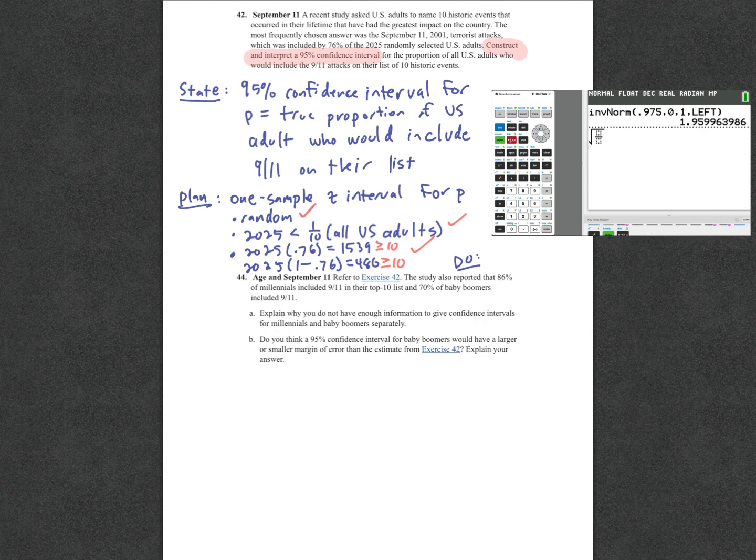Okay, now we'll find our standard error. We'll do P hat, which is 0.76, times 1 minus P hat, and then all over that sample size of 2025. Okay, so that's our standard error. Now for our confidence interval, we'll do our P hat, do the minus first, and we'll go up and grab our critical value, Z star, and then multiply that by the standard error.